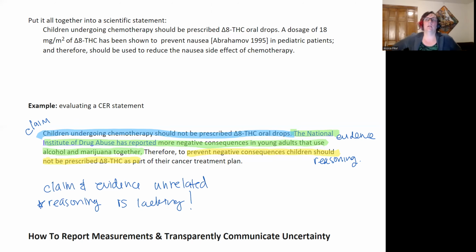Now, in my consumption of media, when I see scientific claims being made, what I typically see is an opinion or a statement like this, followed by evidence, and then no linking information, no scientific reasoning incorporated into it. And so you would probably just see those first two sentences out in the wild.